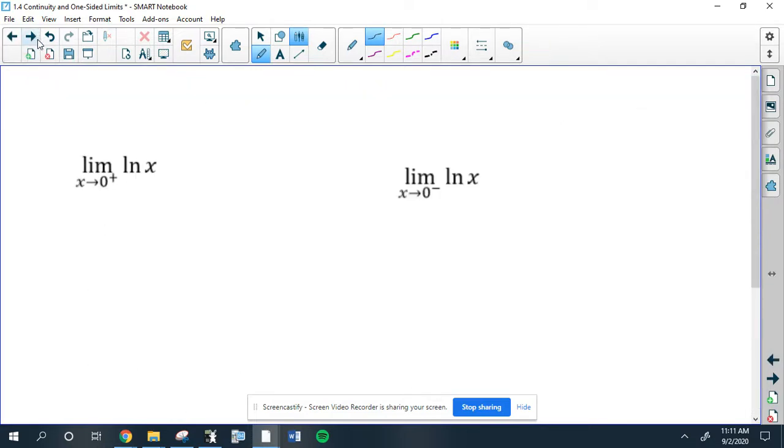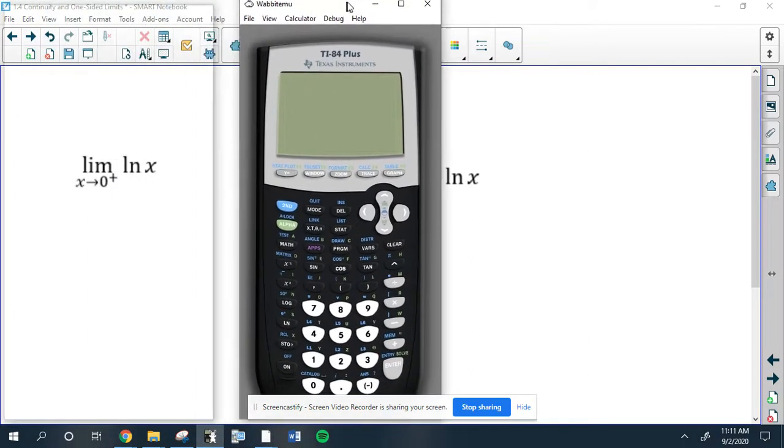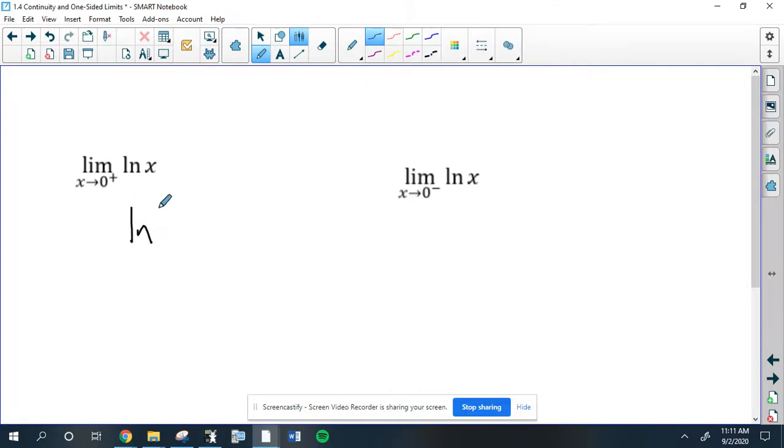Another thing you can see is something like this. If say we have the natural log function, and I wanted to find the limit as x approaches 0 from the right of the natural log function, I'm going to grab my calculator here and type in the natural log of 0.0001, since I'm going to try from the right.